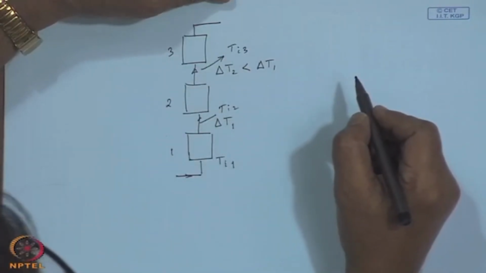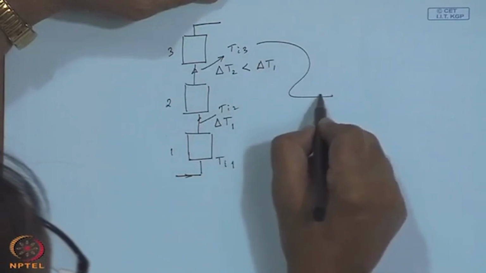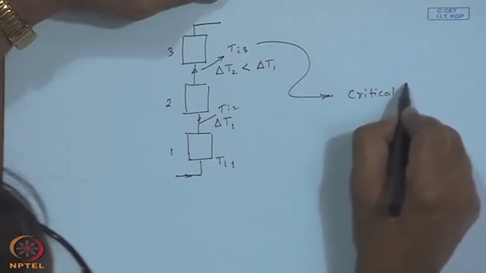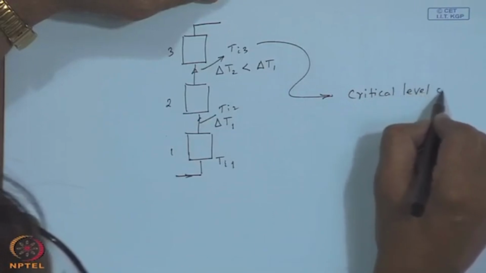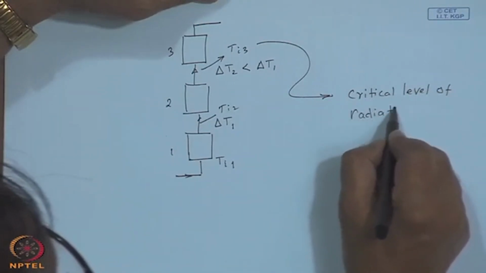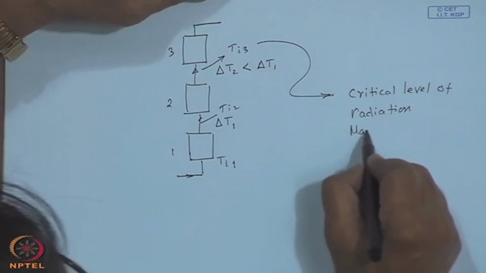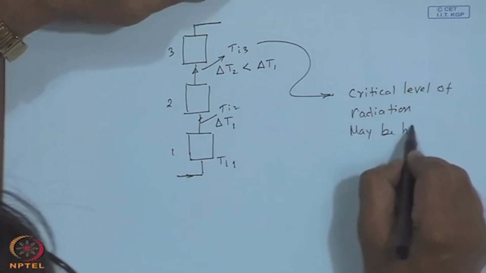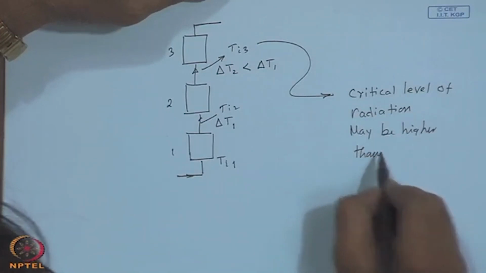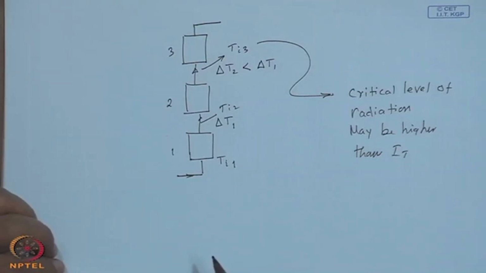So, T I 3 is much higher, consequently, the so called critical level of radiation may be higher than the solar radiation falling on the collector.